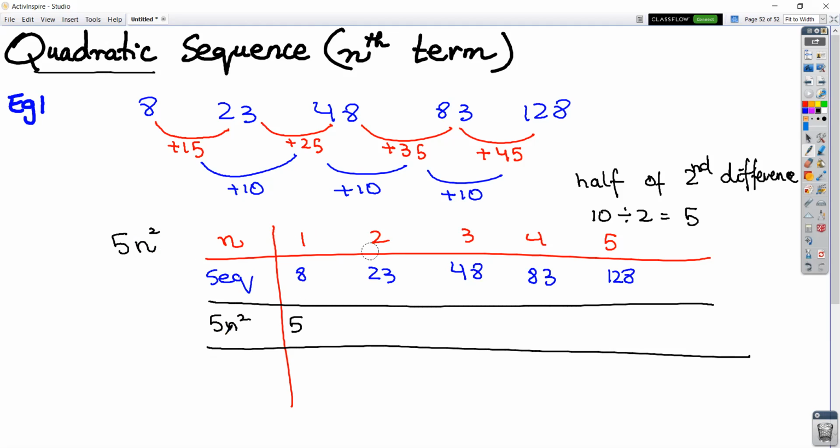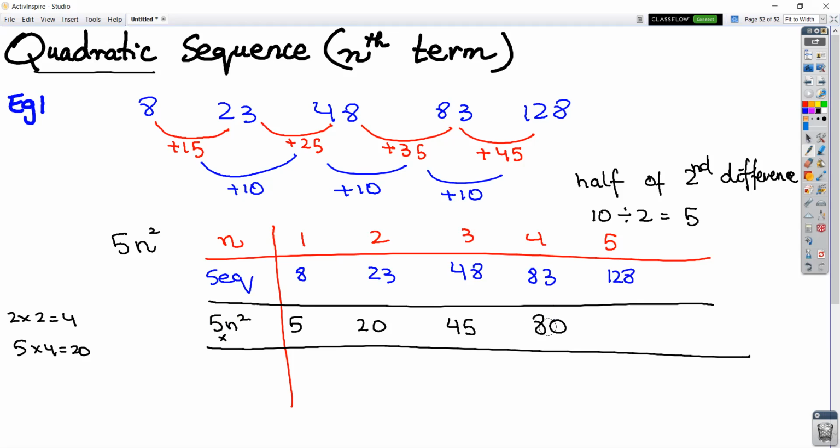For the next one, 5n squared when n is 2: first you do 2 times 2, which is 4, and then 5 times 4 is 20. For the third one, the square of 3 is 9 and you multiply it by 5, so 9 times 5 is 45. The next one is 16 times 5, which is 80.